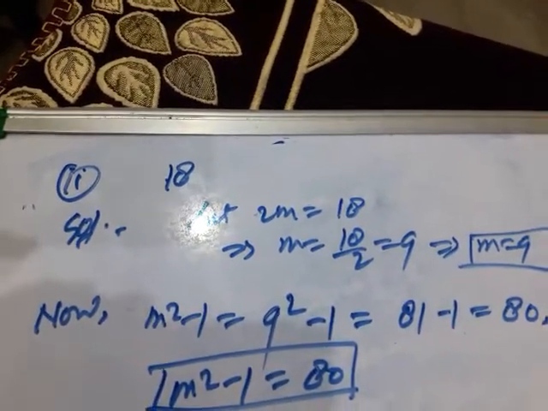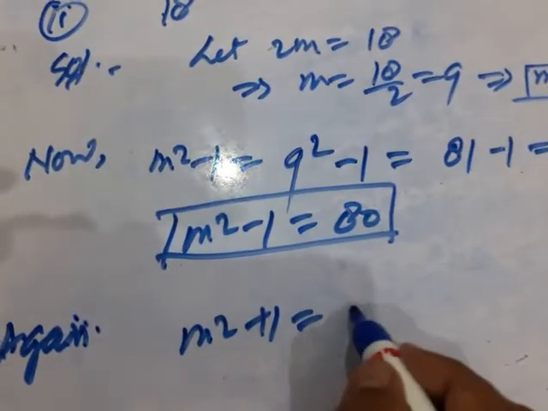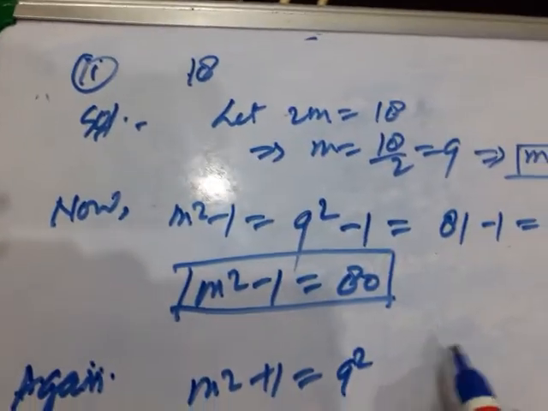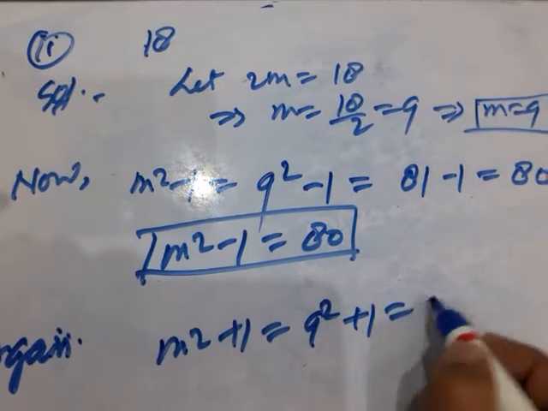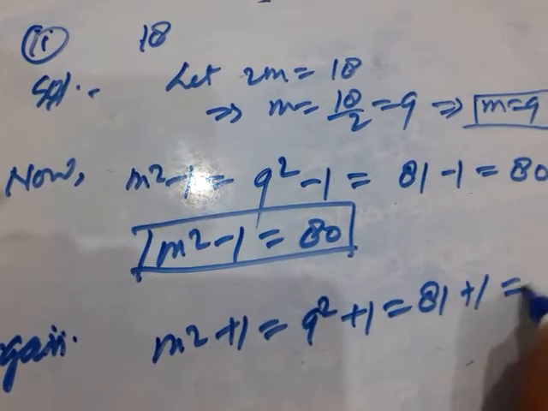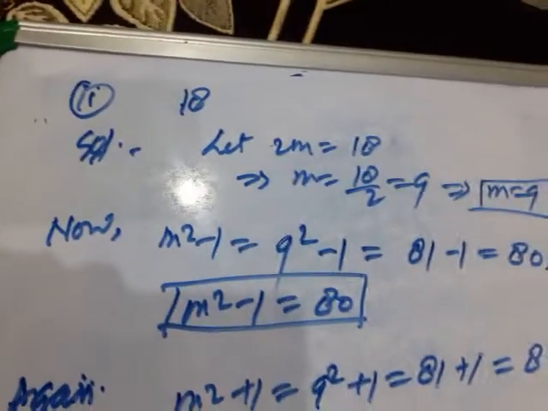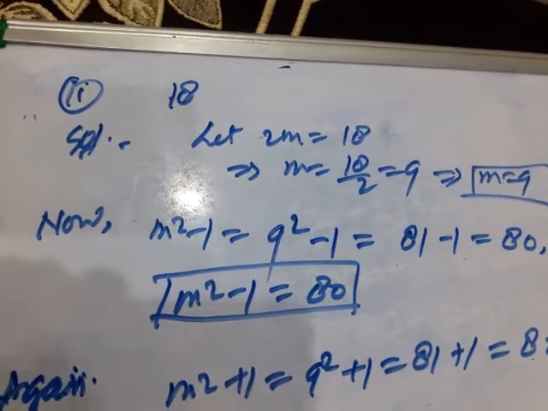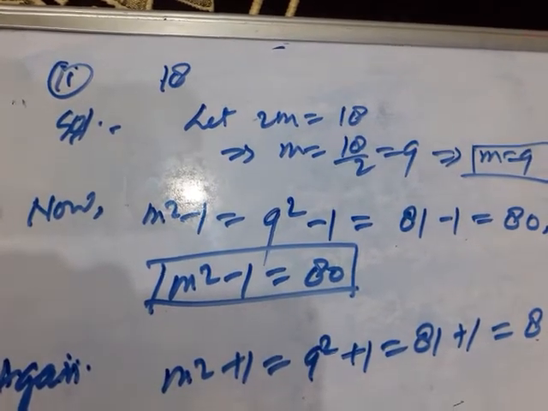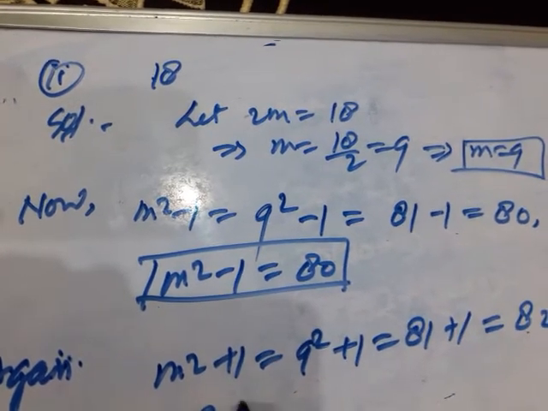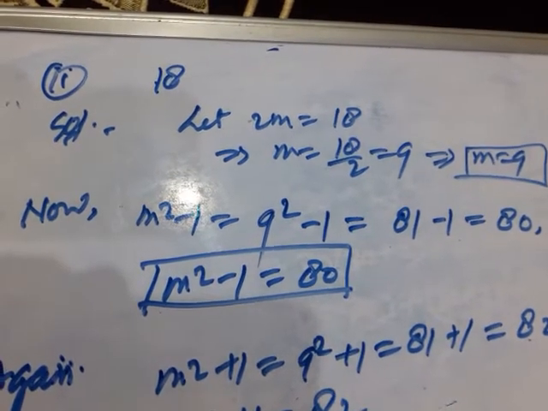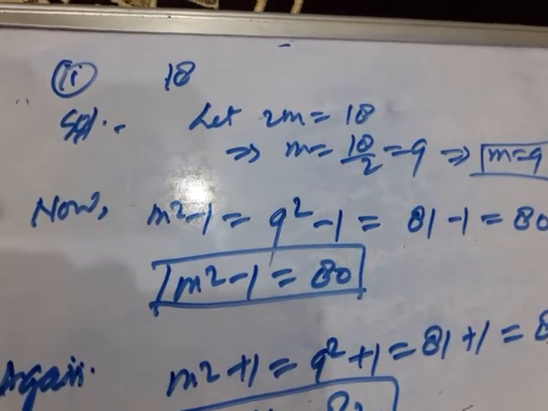Now again, m^2 + 1 = 9^2 + 1 = 81 + 1 = 82. Okay children? So m^2 + 1 = 82. So what is the Pythagorean triplet?